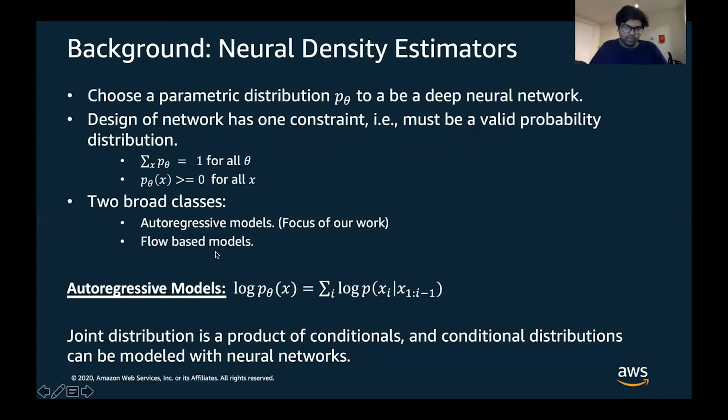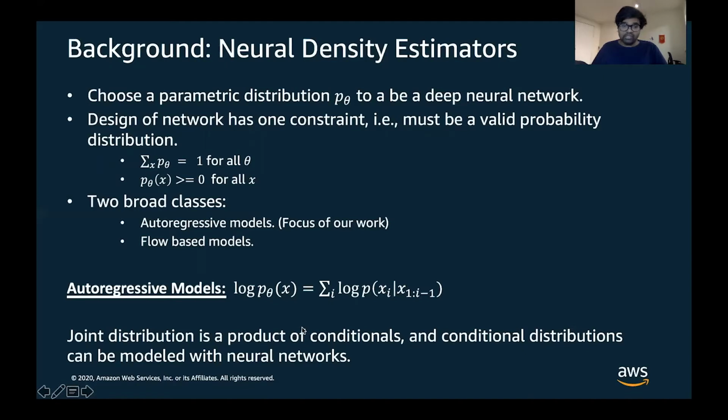As you know, an autoregressive model basically means that if your input vector x is d-dimensional, you can take the joint distribution p theta of x and decompose it in an autoregressive manner. On the right-hand side, it's essentially the conditional distributions of x_i conditioned on all the other dimensions that have come before. It's a product, and because it's a log, you can see a summation here.